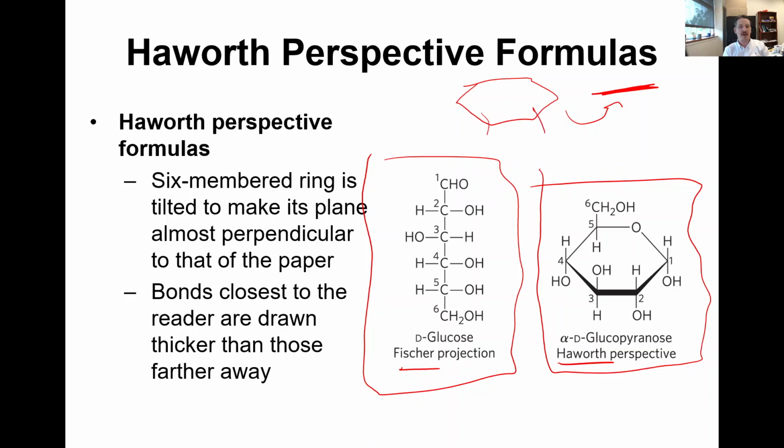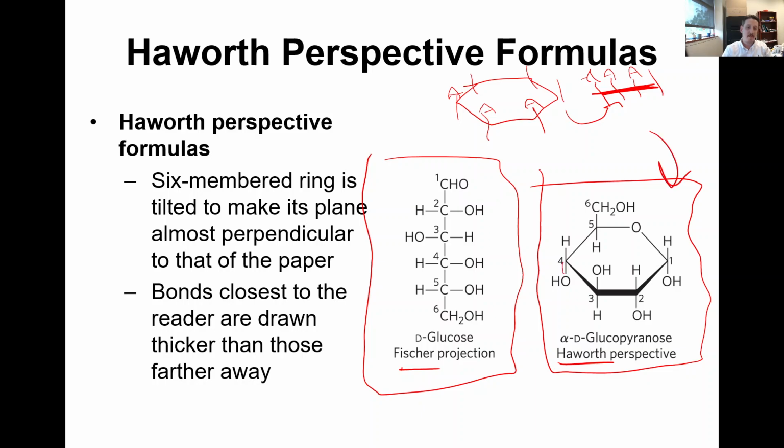And if you have these up, down, up, down, up, down, that's going to look like this. It's going to be pointing up as I take it flat, and then twist it towards you so it looks like that. And that's what you're looking at with the Haworth projection.